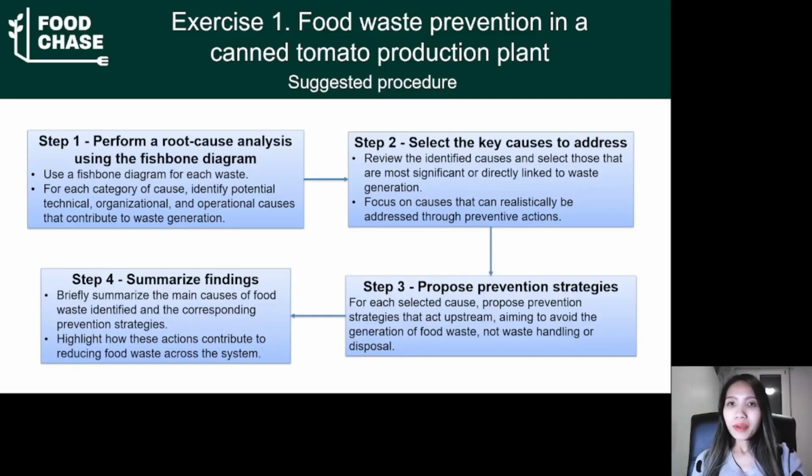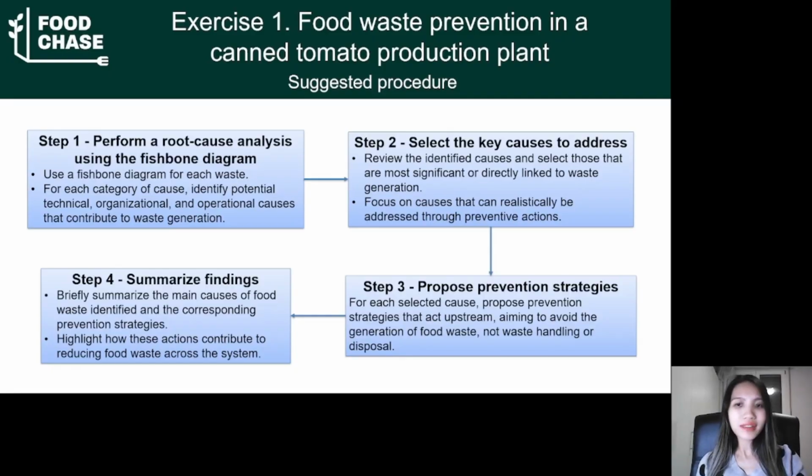The next step is to select the key causes to address. You have to review the identified causes and select those that are most significant or directly linked to the waste generation. And then you focus on the causes that can realistically be addressed through preventive action. The next step is to propose a prevention strategy.